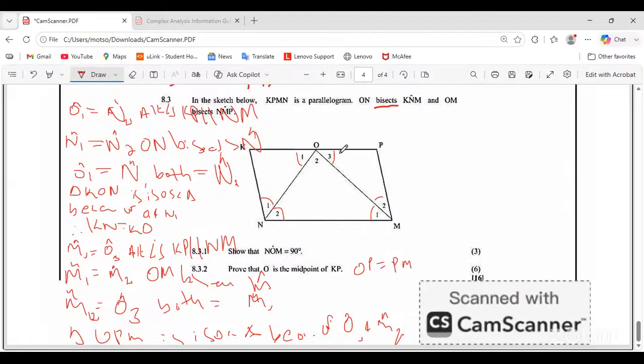So now we see that this side is equal to this side. We also saw that this side was equal to this side, right? Now, these sides are equal. Why? Because opposite sides of a parallelogram are equal. Now, that forces this side to be equal to this side. Therefore, O is the midpoint of KP. Now, we have proved that O is the midpoint of KP.